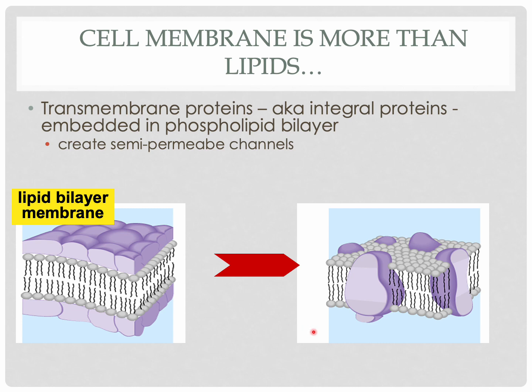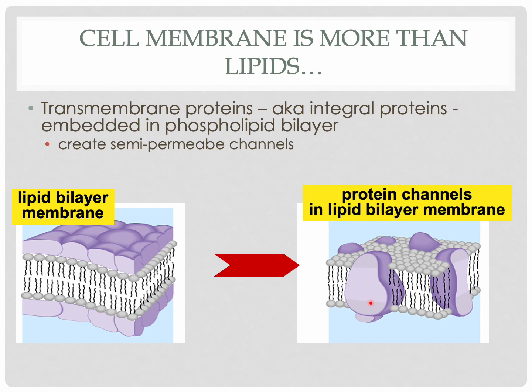Protein channels in a lipid bilayer, that's what these purple structures are showing. The integral proteins go all the way through, and then you have some peripheral proteins that are going to stay on the surface, and sometimes a peripheral protein will attach to an integral protein.